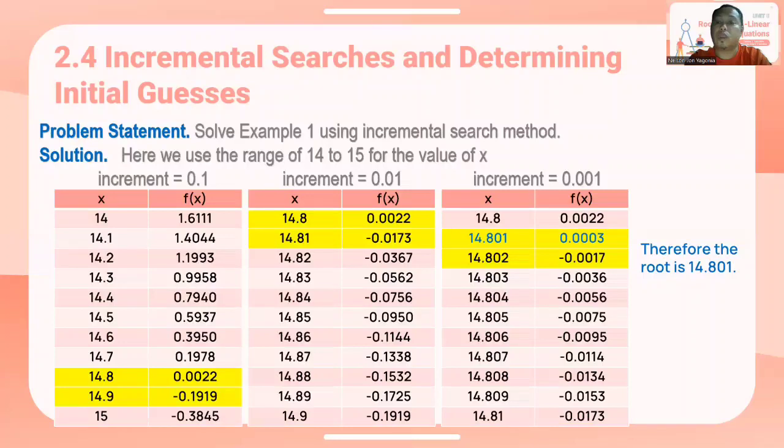In our example, when the value is at 14.81, the function of x is already negative, or there is a change of sign.